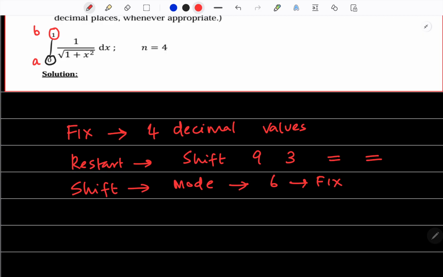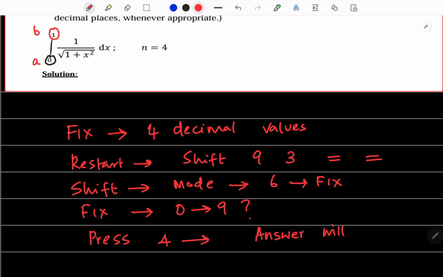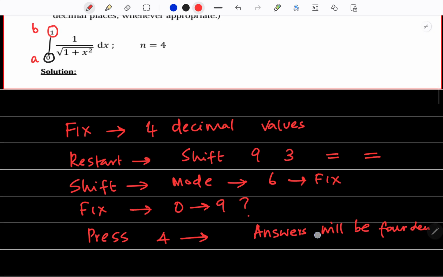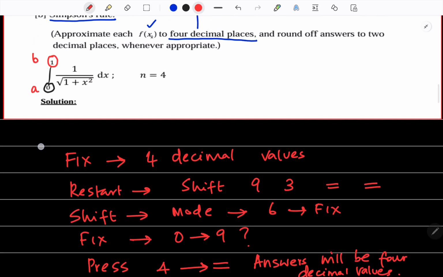Press 6, and it will ask Fix 0 to 9? Now press 4, and all your answers will be in 4 decimals. Then press equal, so it will be stored here.